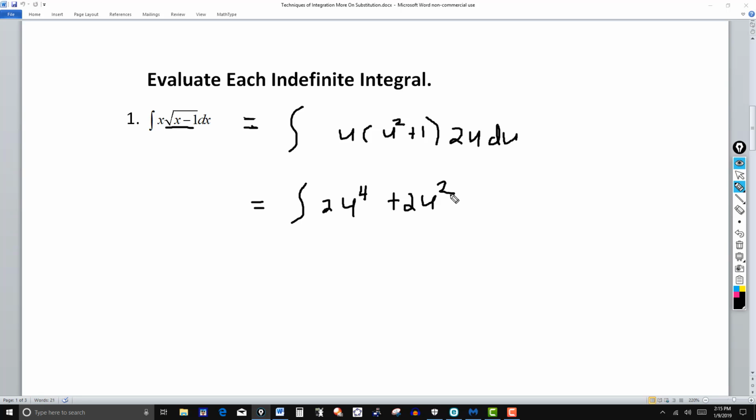And now we're just integrating with respect to u. Okay, so this is just basically polynomial in u, easy to integrate. So we add 1 to the exponent, that's 5, and divide by that, that's 5. So this will be 2/5 here. Same thing with the next term, add 1 to the exponent, that'll be 3, and divide by 3. This will give us 2/3 plus a constant.